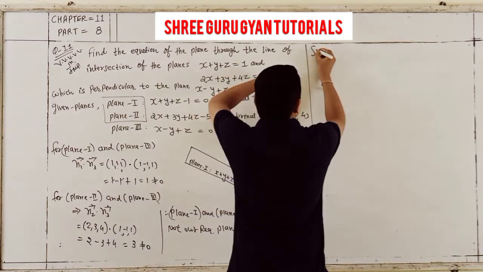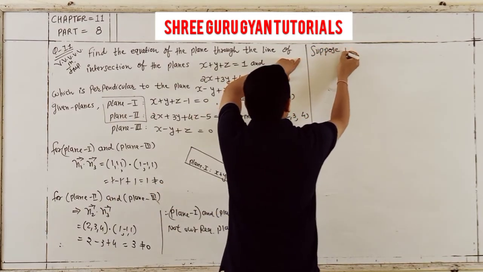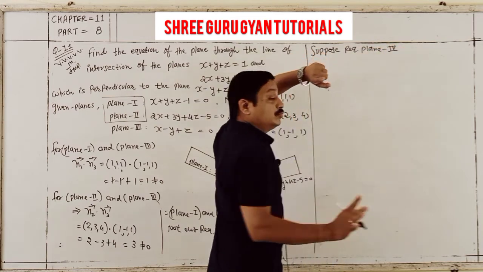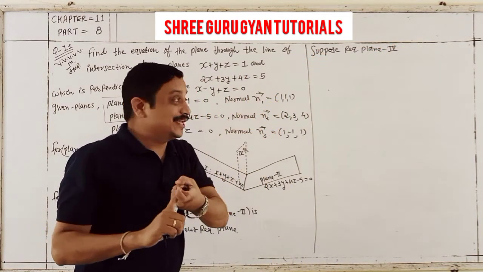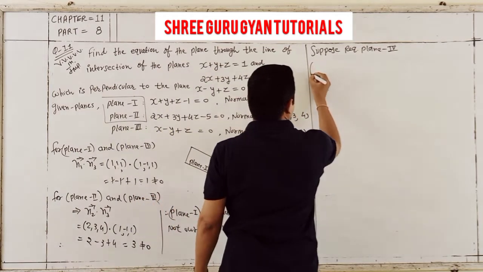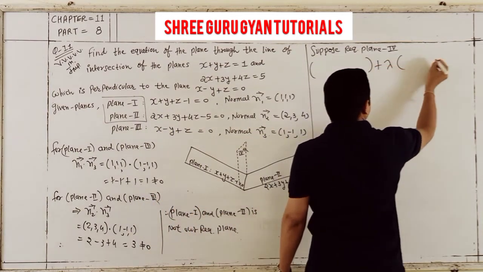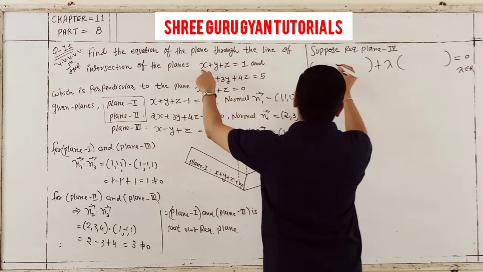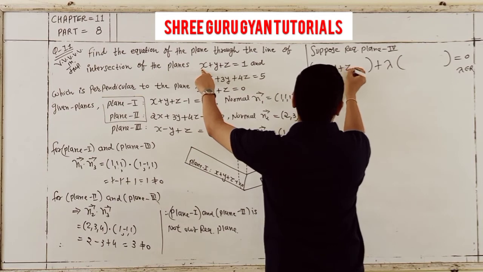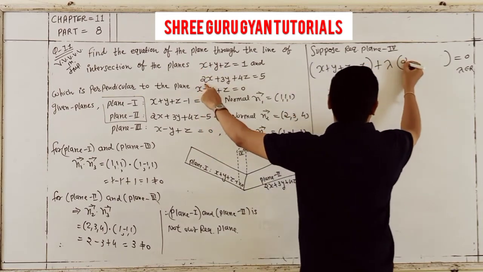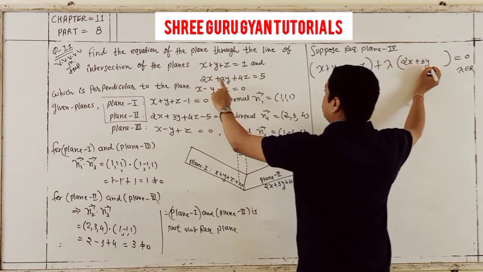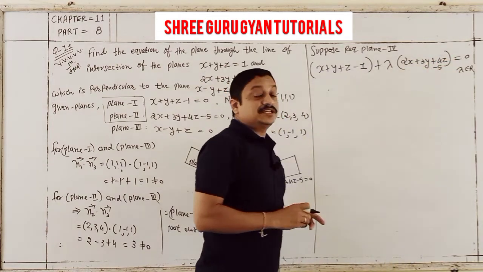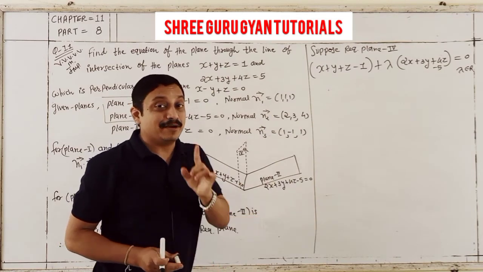Suppose the required 4th plane, which passes through the common intersection of 1 and 2, is first plus lambda times second plane equal to 0, where lambda belongs to R. First is x plus y plus z minus 1, and second is 2x plus 3y plus 4z minus 5. This plane is your answer, but the lambda value is missing.